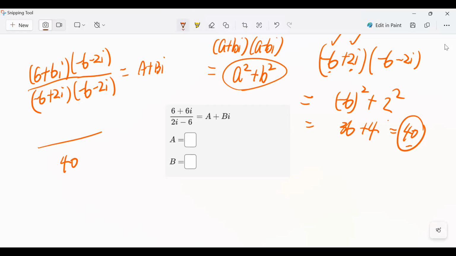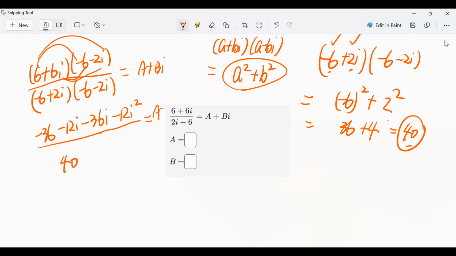On the top, 6 times -6 is -36. 6 times -2i is -12i. And 6i times -6 is -36i. And 6i times -2i, that's -12i squared.